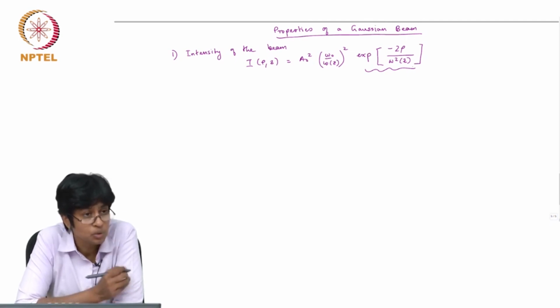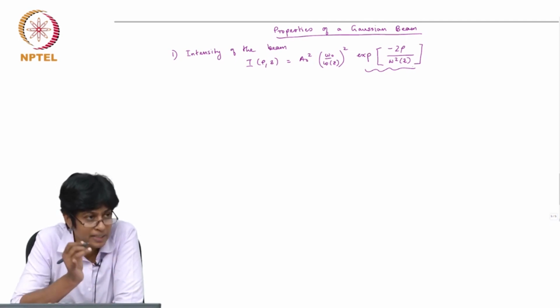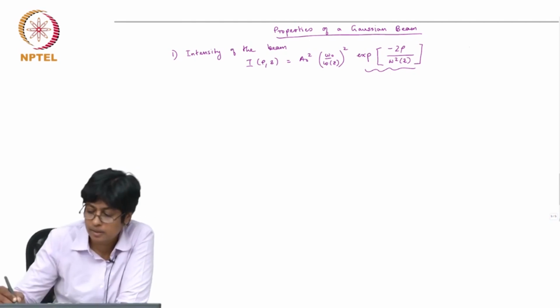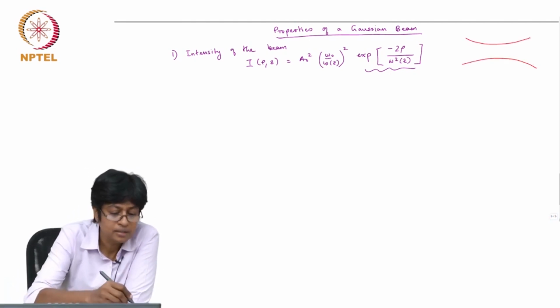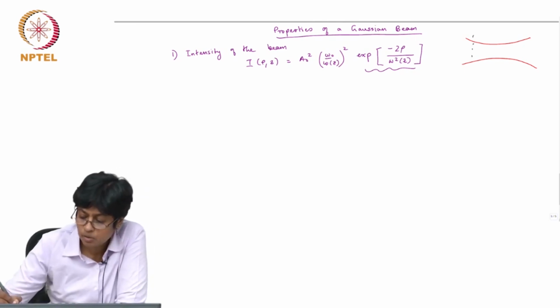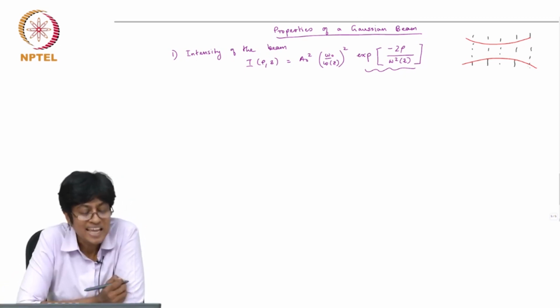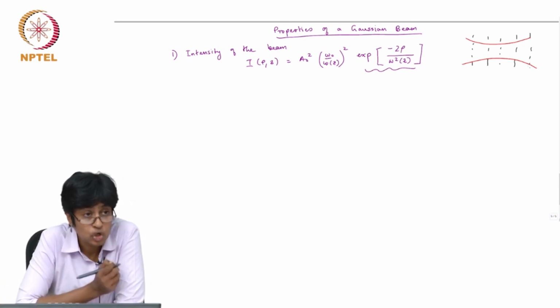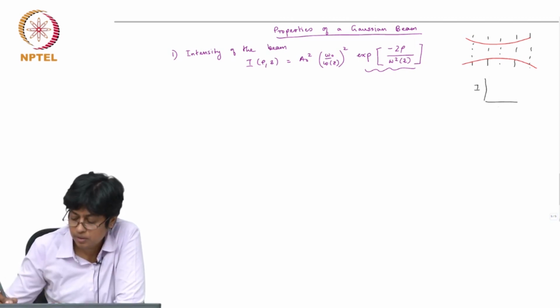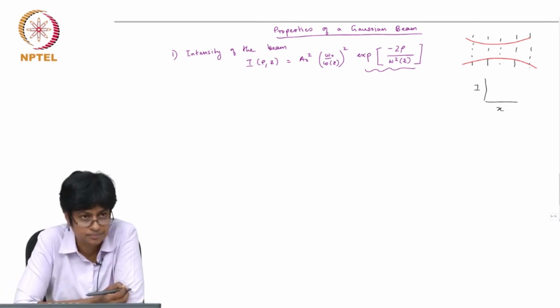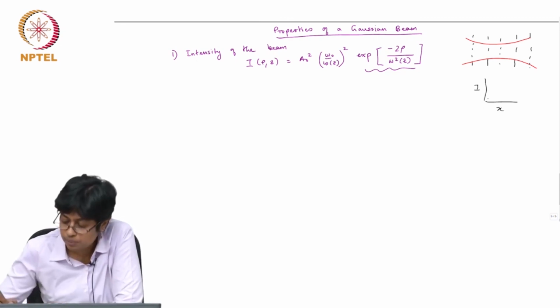So if you were to look at a Gaussian beam propagating, again I'll draw that standard picture, irrespective of which plane you look at, you could look at any plane. At any plane, the cross section, let's say I took intensity versus X, is going to be Gaussian shaped.